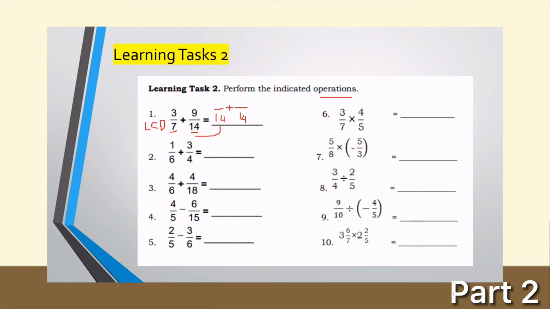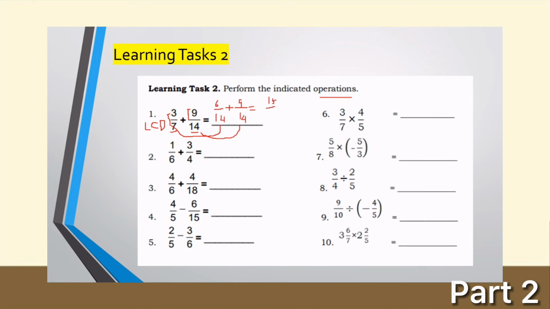Okay, so 14 divided by 7 is 2. Times 3 is 6. 14 divided by 14 is 1. Times 9 is 9. So, since we have similar fractions, let us add the numerator. 6 plus 9 equals 15.